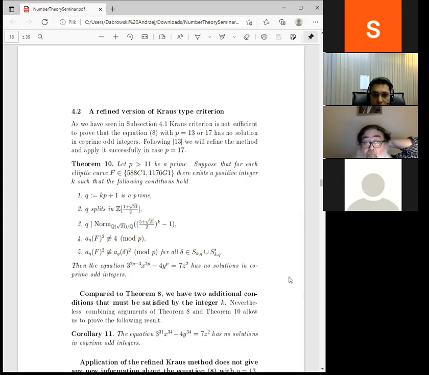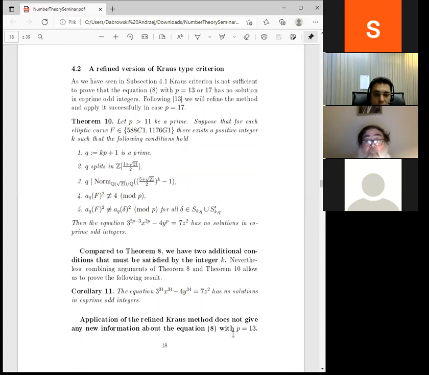In this case, we were able to prove that for prime exponent 17, there is no non-trivial solution, but this refined criterion doesn't imply that the Diophantine equation with p equal to 13 has no non-trivial solutions. So such a criterion probably still needs to be refined further, but we stopped at the moment.